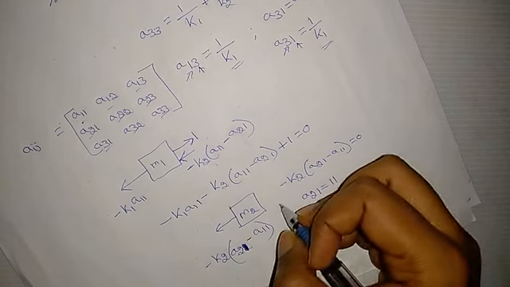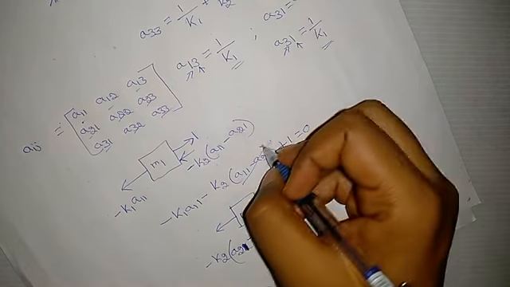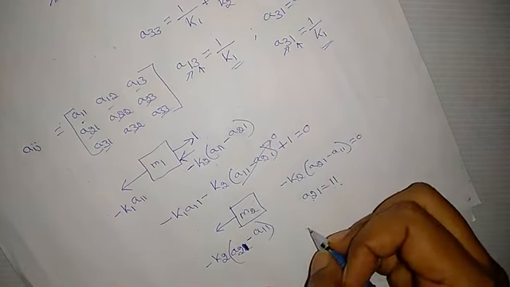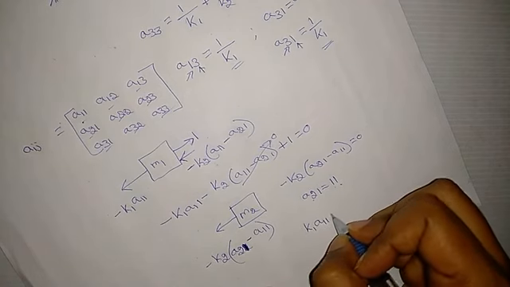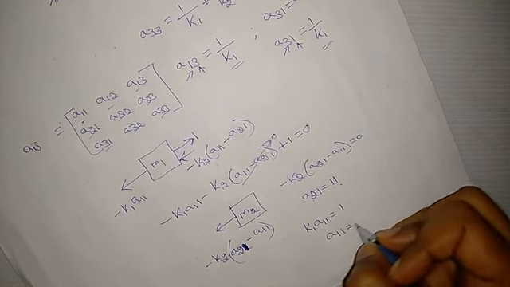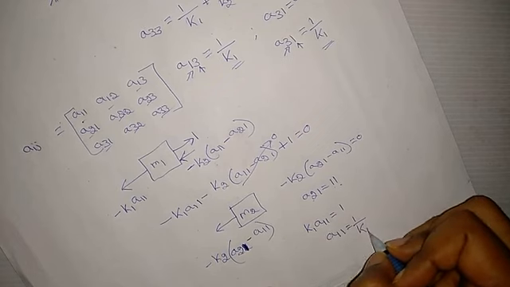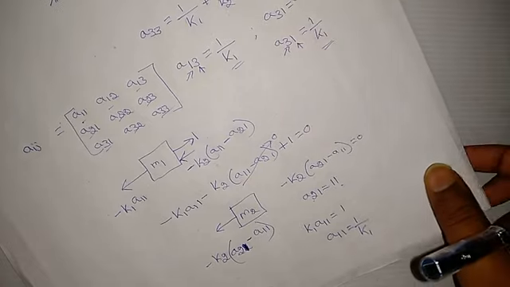If you put A21 equal to A11 in the first equation, this term gets cancelled and you're left with K1 A11 equal to 1, so A11 is equal to 1 divided by K1. This is how you do it.